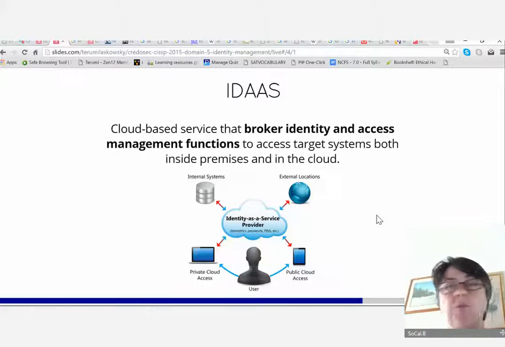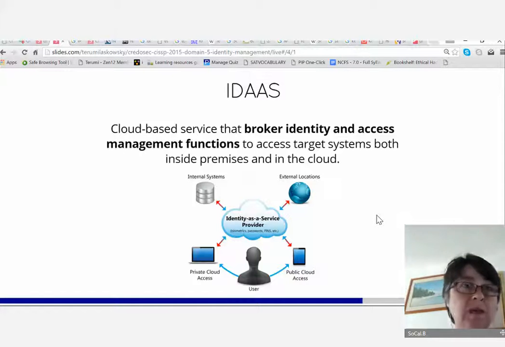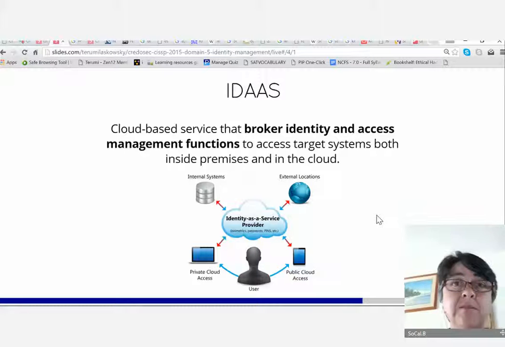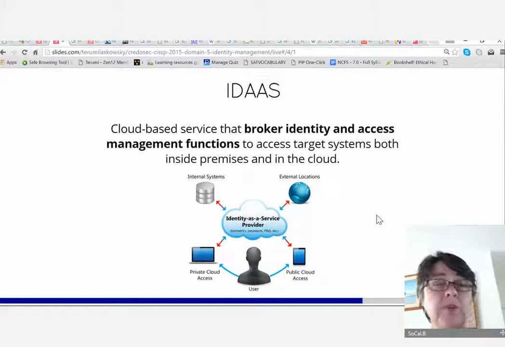Any device, anytime, anywhere, accessing any other system. Of course, the question I asked Christopher earlier was, do you trust this thing? Because look, you have this identity, which is a key part of security, out there in the cloud. So I think the provider and the provider's track record has a lot to do with whether you trust it or not.